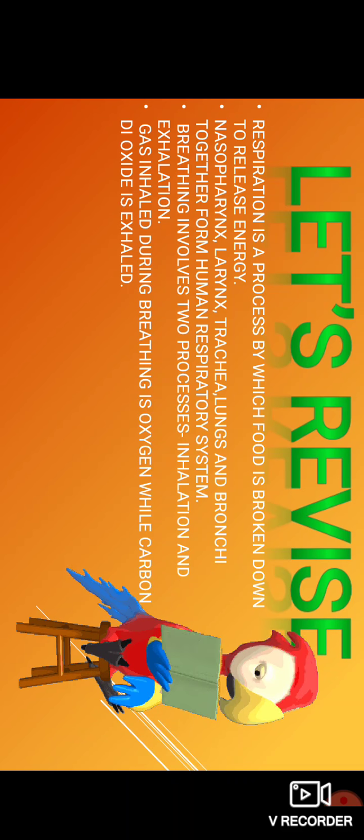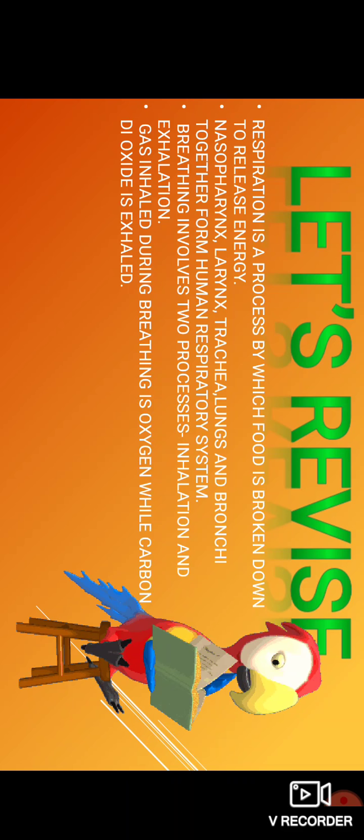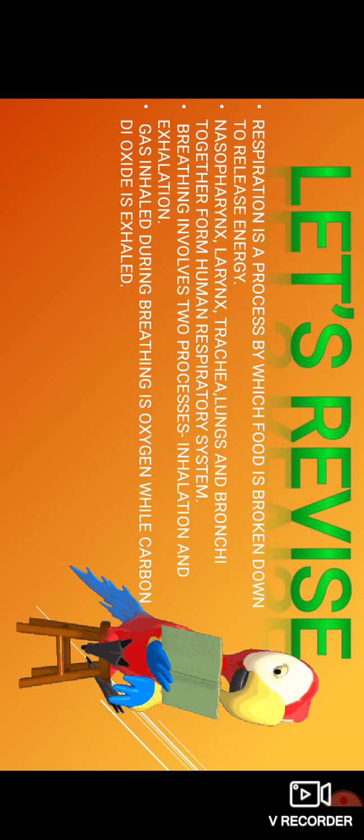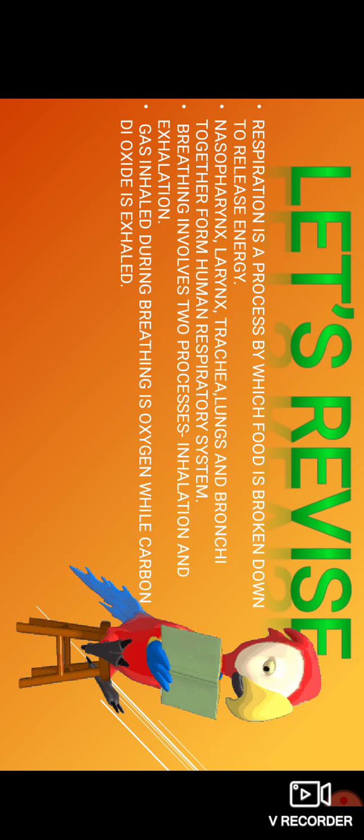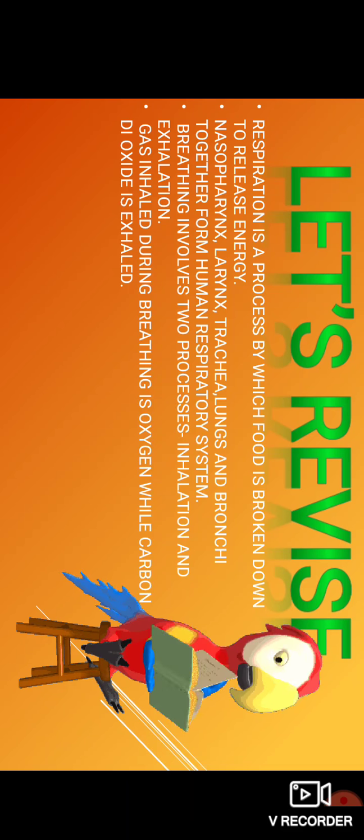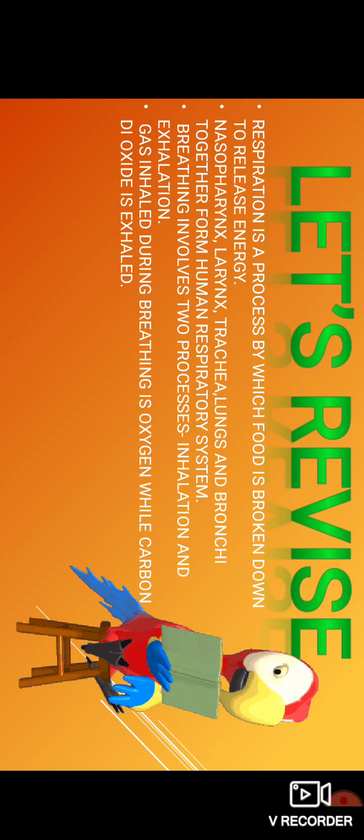Our respiratory system is made up of nasopharynx, larynx, trachea, lungs, and bronchi. And breathing is a process of respiration through which oxygen is brought into our body and carbon dioxide is released from the body. This breathing involves two processes, that is inhalation and exhalation.